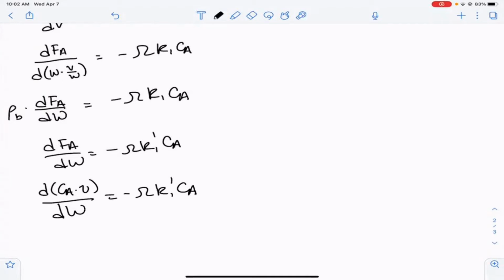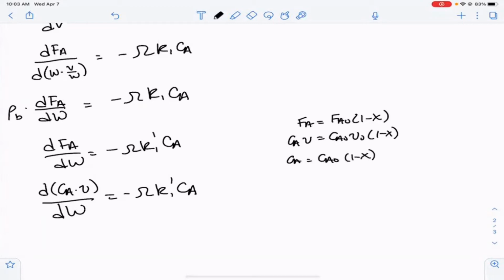Now, this is a really interesting problem, to me at least, because most of the time this would signal to us we need to say FA equals FA0 times (1 minus the conversion), and CA times v equals CA0 v0 times (1 minus X), and then CA equals CA0 times (1 minus X) times v0 over v. Now we're isothermal and isobaric, so this just becomes 1 plus epsilon X. And that's fine. Actually, that's a totally acceptable way to solve this problem.